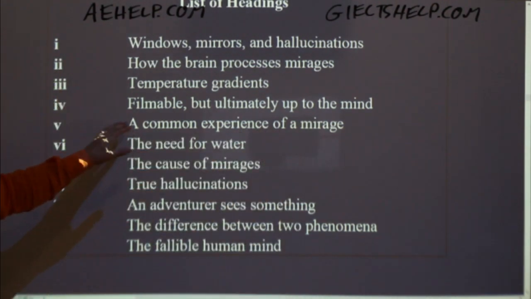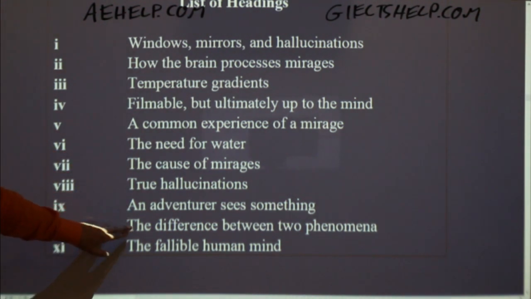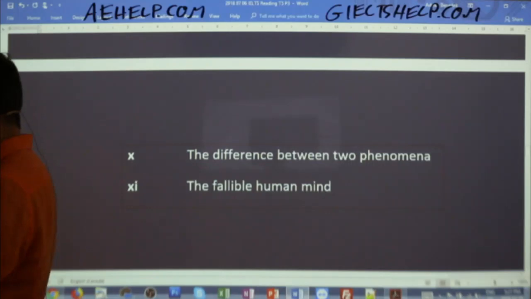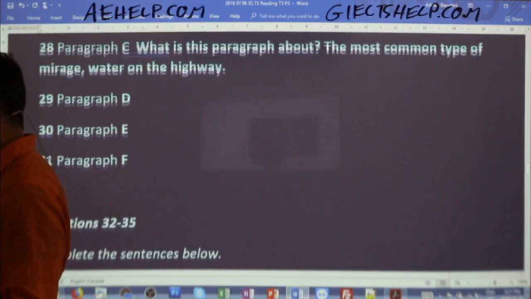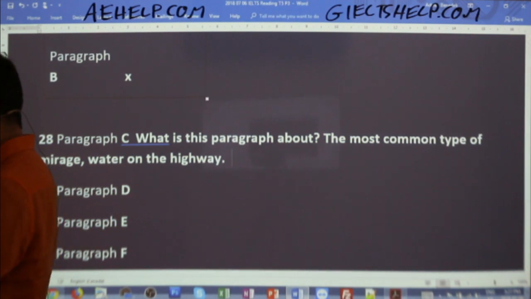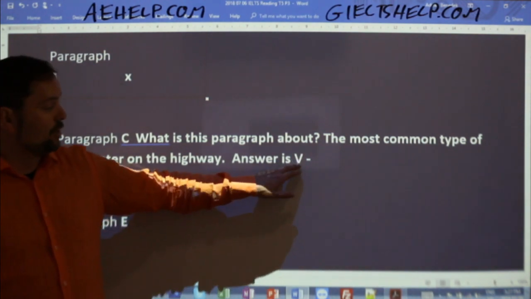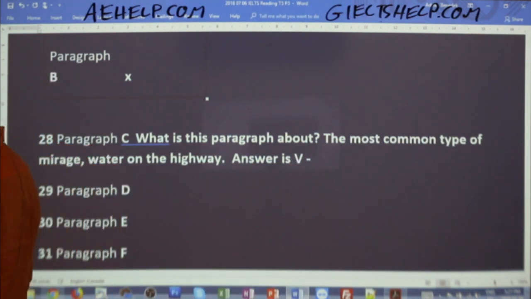I probably don't even need to read the rest of them, but just for fun, nope, nope, nope, nope, nope, definitely not. So it's got to be 5, right? Good. And now I can see a lot of you are also starting to get the hang of this a little bit more and are picking the right answers. So answer is 5. Make sure in your answer sheet you put the Roman numeral 5 in there, okay?